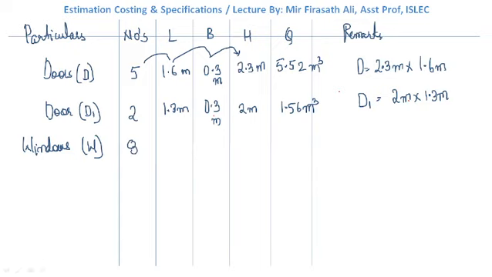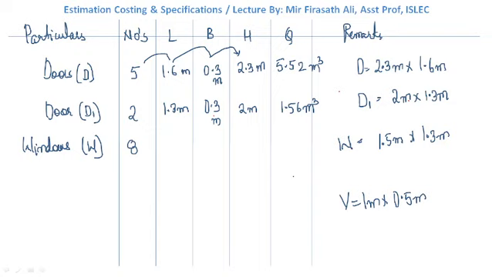What are the dimensions of the window? The dimensions of windows is 1.5 meter into 1.3 meters, and for ventilator the dimension is 1 meter into 0.5 meters.